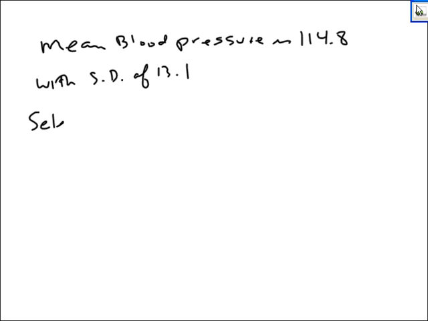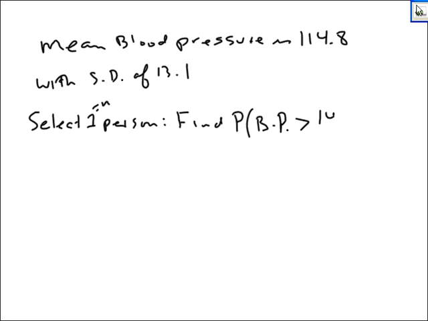So, select one person. That's n equals 1. Find the probability that blood pressure is greater than 140. There's only one person selected.